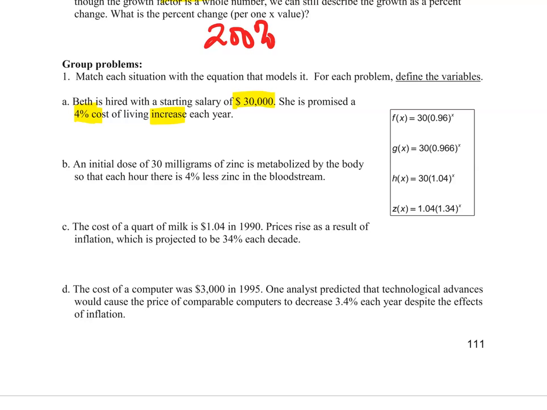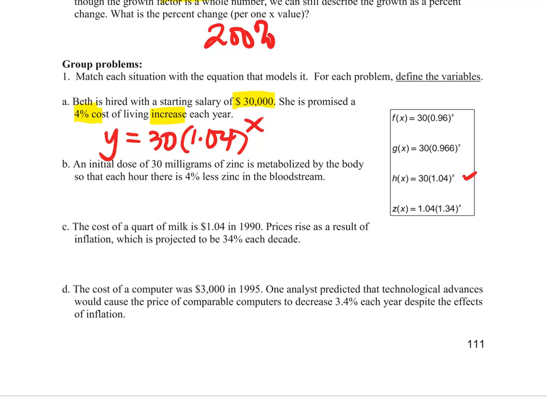So to write an equation here, this is going to be 30,000 times increase, so that's going to be 1.04 raised to x. So this one.